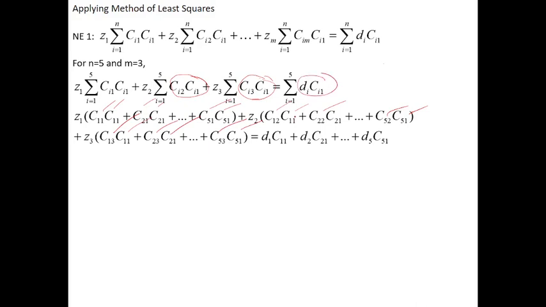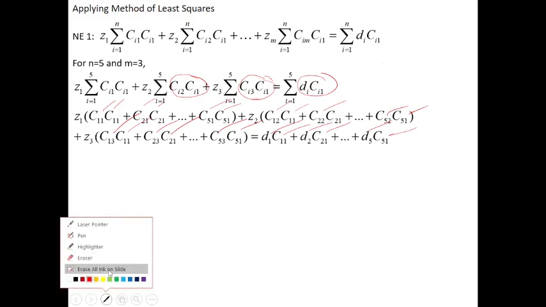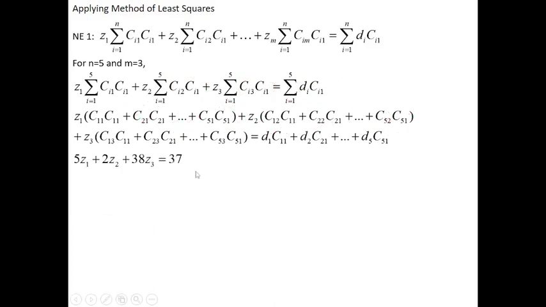Then ito naman, we start with I equals 1, d1, c11, d2, c21, until we reach d5, c51. Okay? And then this will now be the result. This will now be our first normal equation.